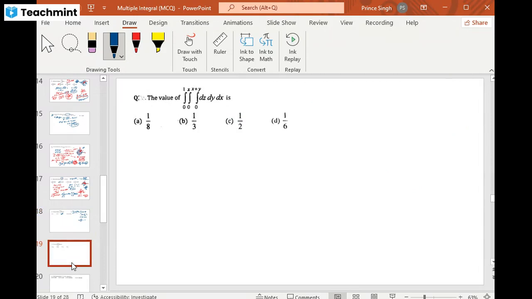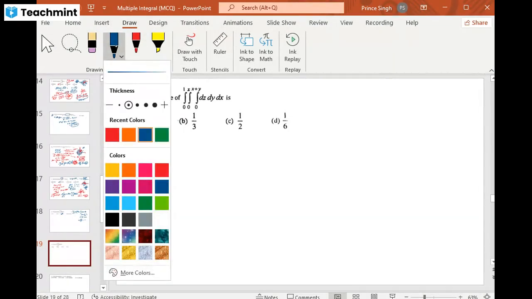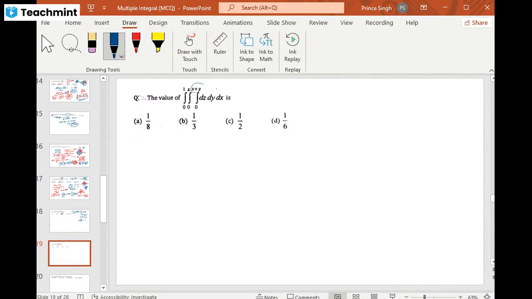Okay, so now we move to the problem based on the triple integration. This is a problem of the triple integration. So in this case, the limits of integration are already given to us. Your innermost limit depends upon the variables x and y, both.